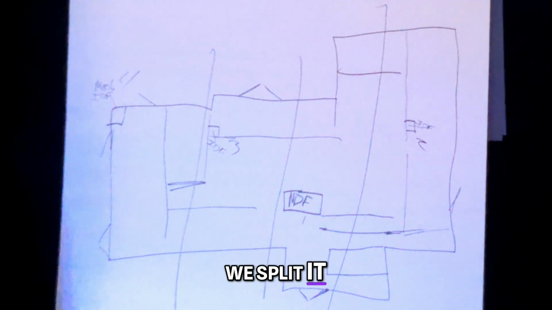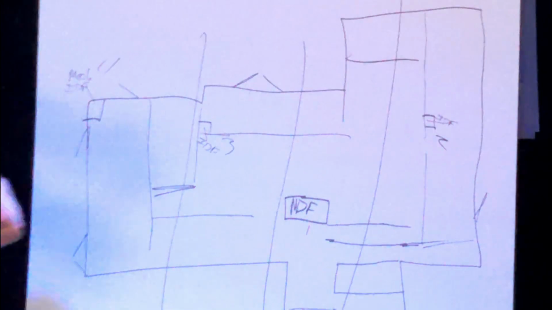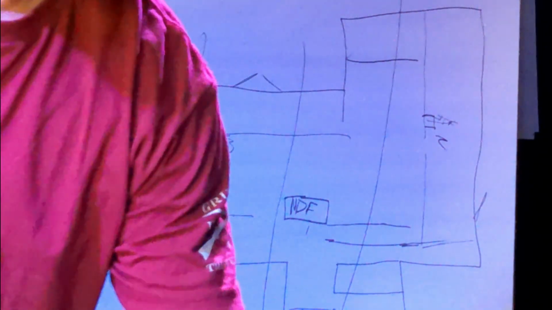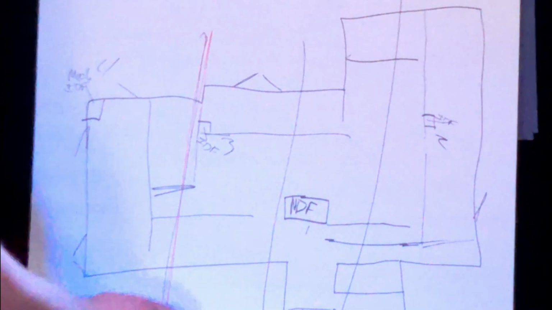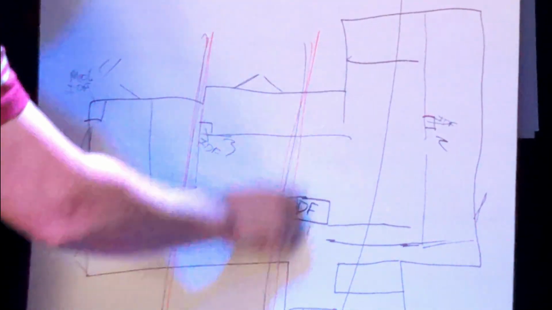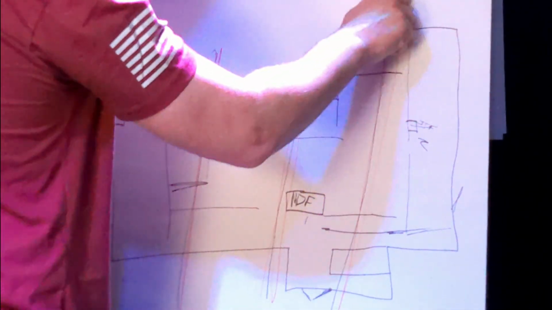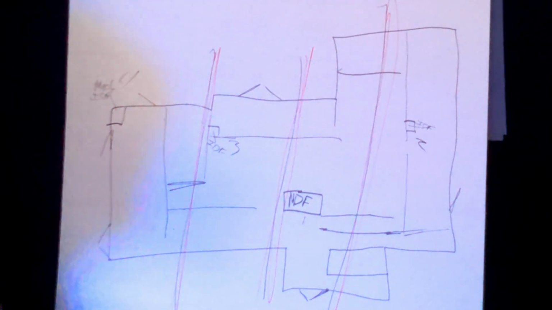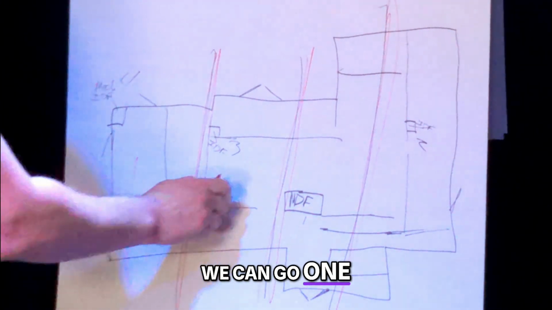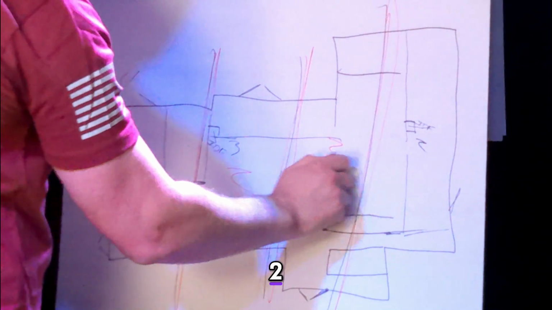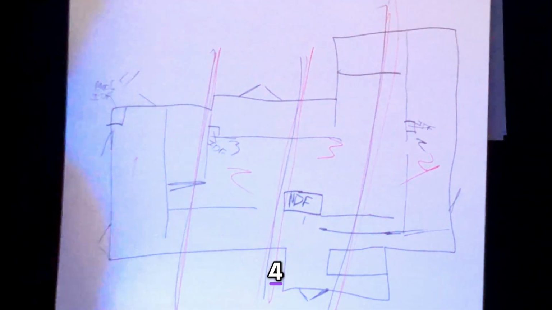We split it. Let's do this so we can see it. Once we've split this into sections, we can go 1, 2, 3, 4.